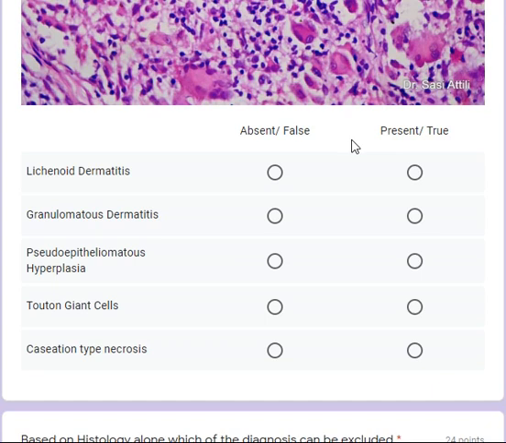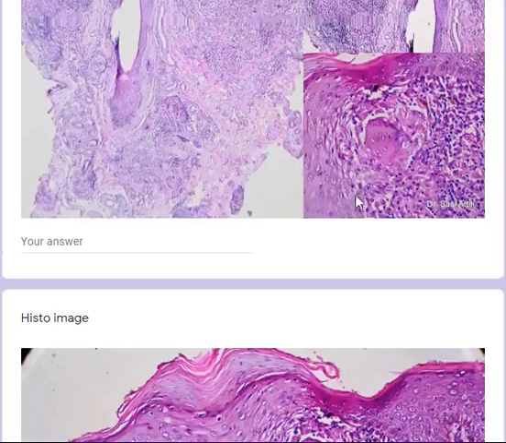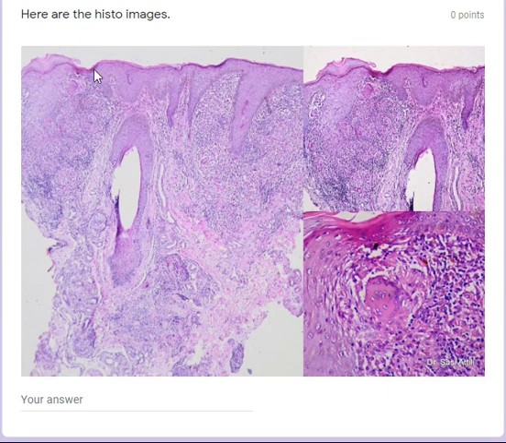So this question was to describe just this histology. Lichenoid dermatitis is present, granulomatous dermatitis is present. Pseudoepitheliomatous hyperplasia refers to epidermal acanthosis in the pattern of a squamous cell carcinoma. So it should be epitheliomatous, like an SCC, which is absent here. What you're seeing is just acanthosis. You don't actually think of a malignancy when you see this acanthosis.